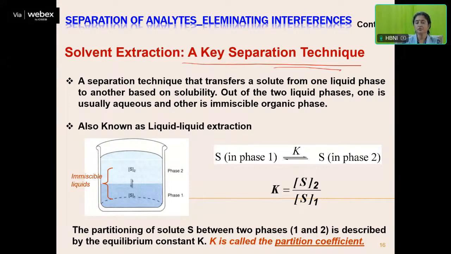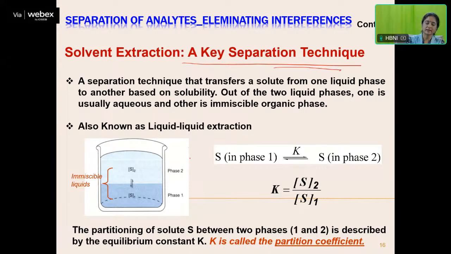Of the two liquid phases, one is usually aqueous and the other is an immiscible organic phase. This is also known as liquid-liquid extraction. So never get confused if somewhere you see liquid-liquid extraction. This is nothing but solvent extraction.